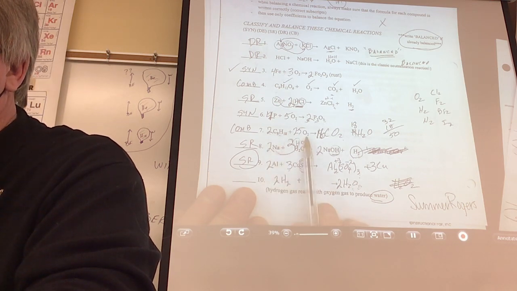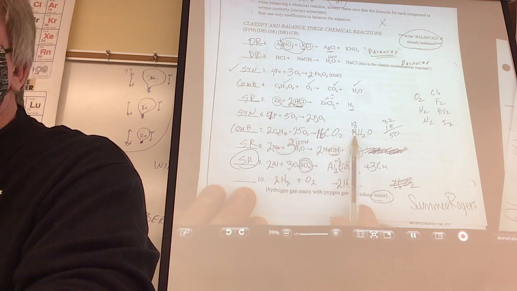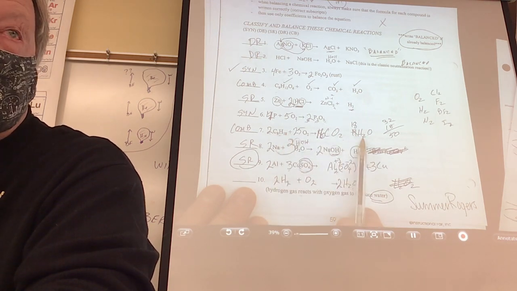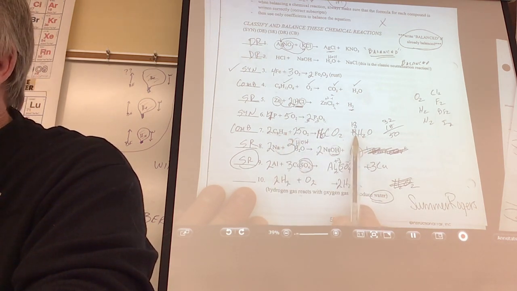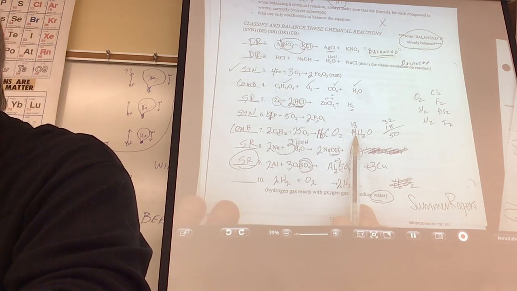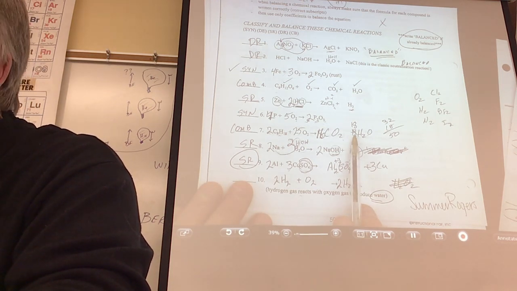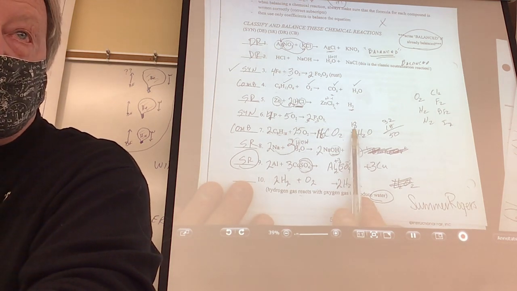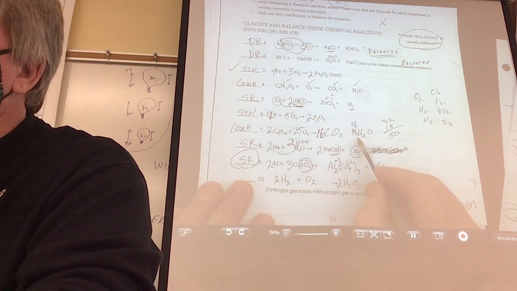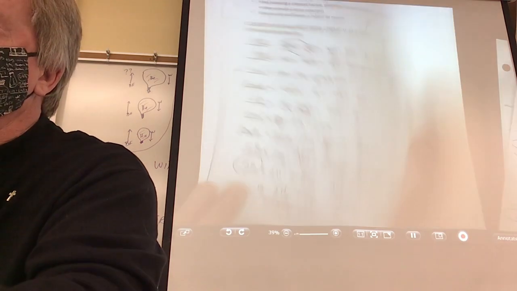If you have a combustion reaction and see 18 hydrogens, you want to put a 9 here because 9 times 2 is 18. If you put an odd number in front of water on a combustion reaction, it will never balance, never. So what do you do? You double the odd number and make it, in this case, 18, right? So if you think you were supposed to put a 7 here, don't do that, just double it. Okay, that's my last review.